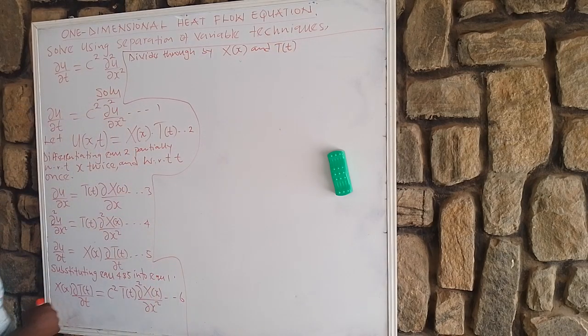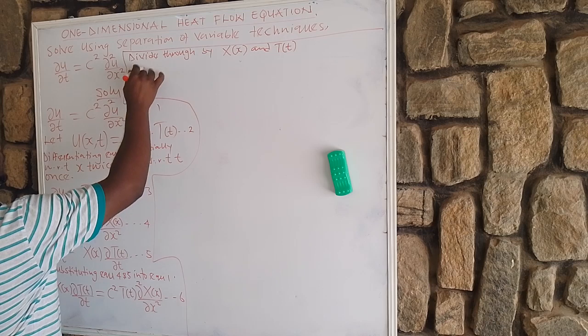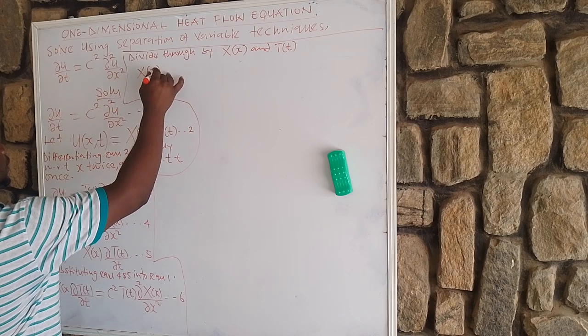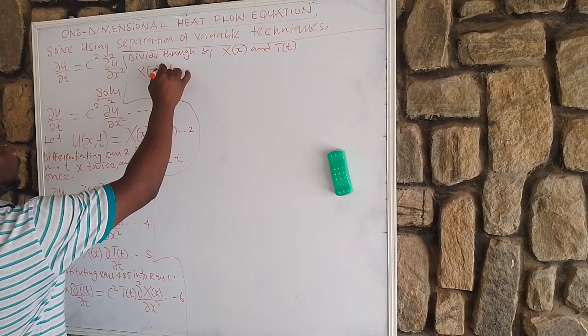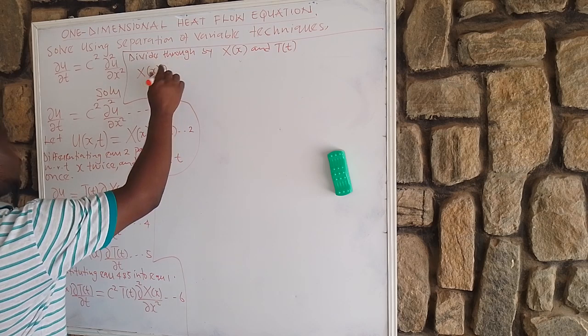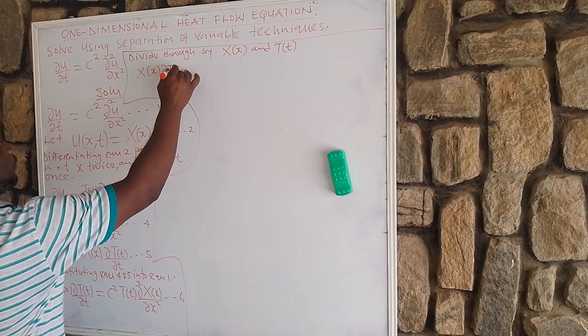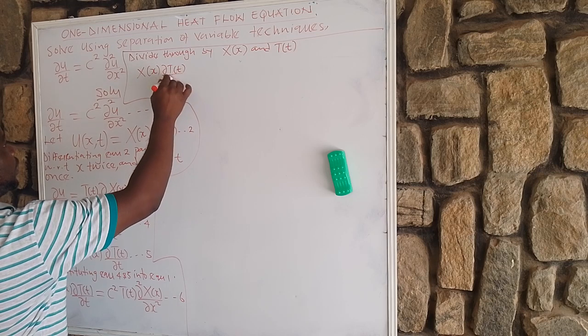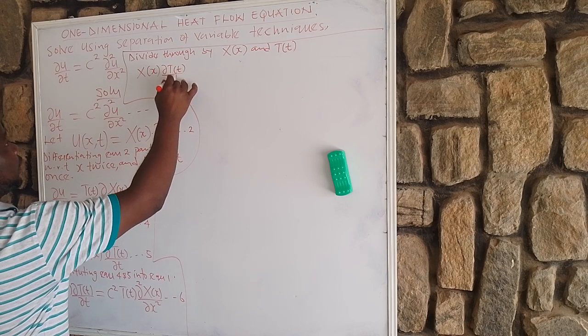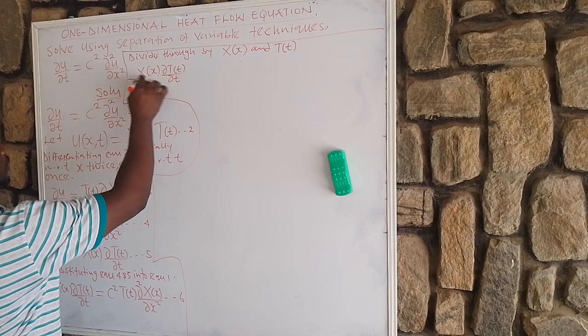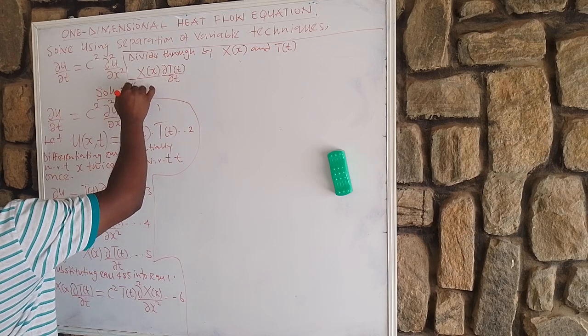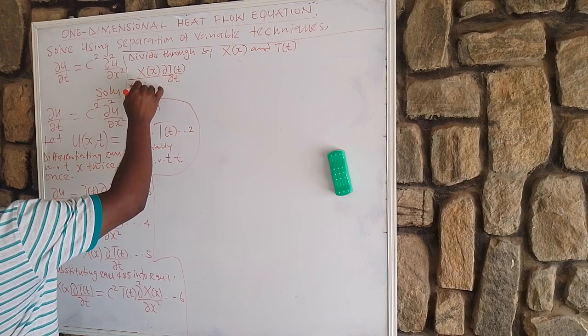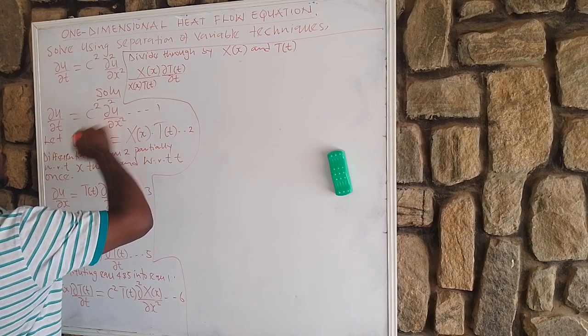So if you agree with me, here will now be X of x partial T of t all over partial t, then divide by X of x, then T of t.